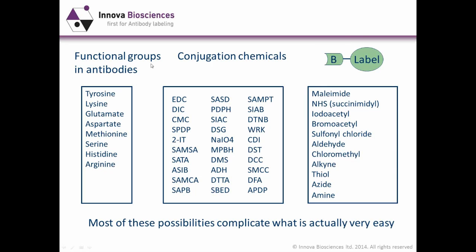And any textbook will tell you about functional groups in antibodies, and this whole list of reasonably reactive groups in every antibody. To anyone who's new to this field, though, this looks pretty horrendous. But most of these possibilities, the possible reactions that you could do, really complicate what is actually very easy. Most of this you don't need to know.